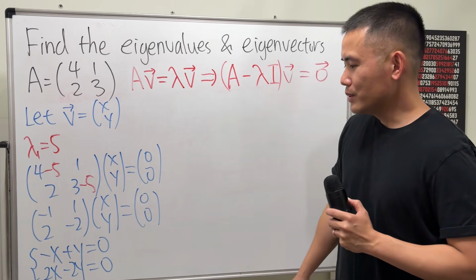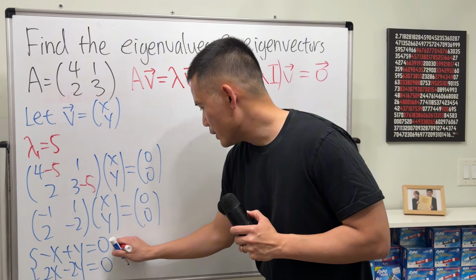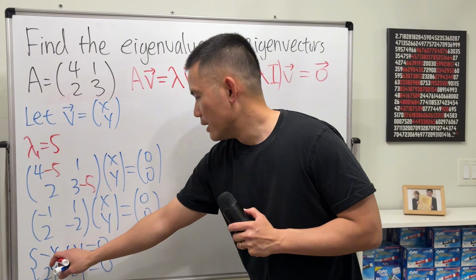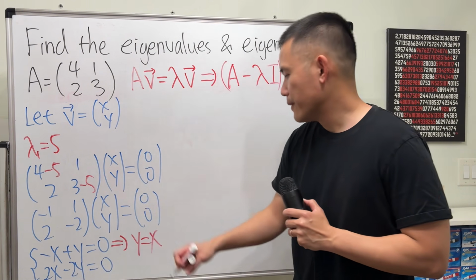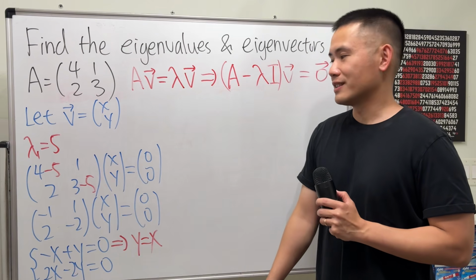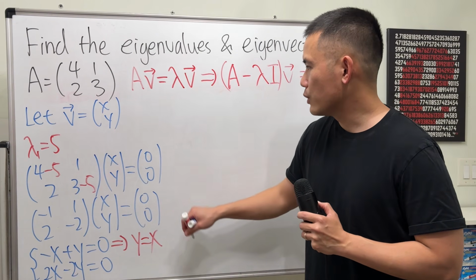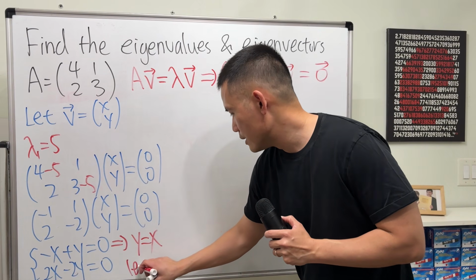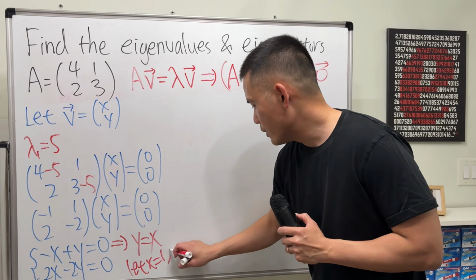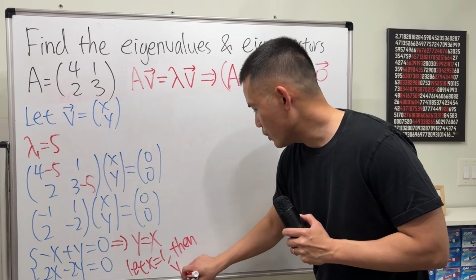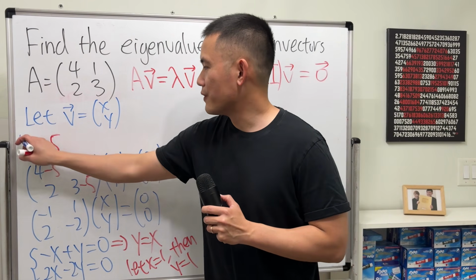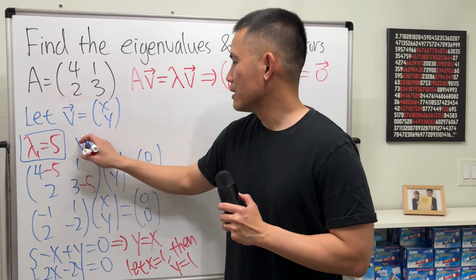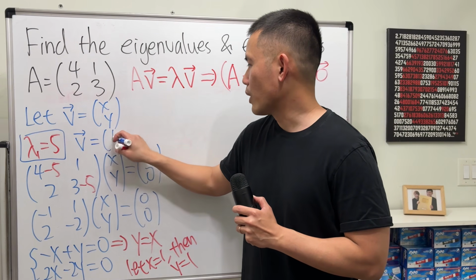If you look at the first equation, adding x to both sides, y is the same as x. So just pick whatever you want. Say let x equal 1. Then y will be 1 as well. And that's pretty much it. So when lambda is equal to 5, the corresponding eigenvector is just 1, 1.